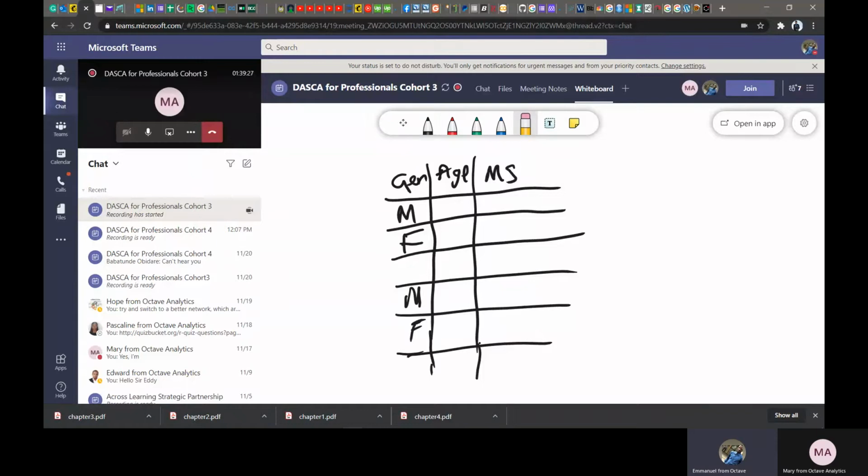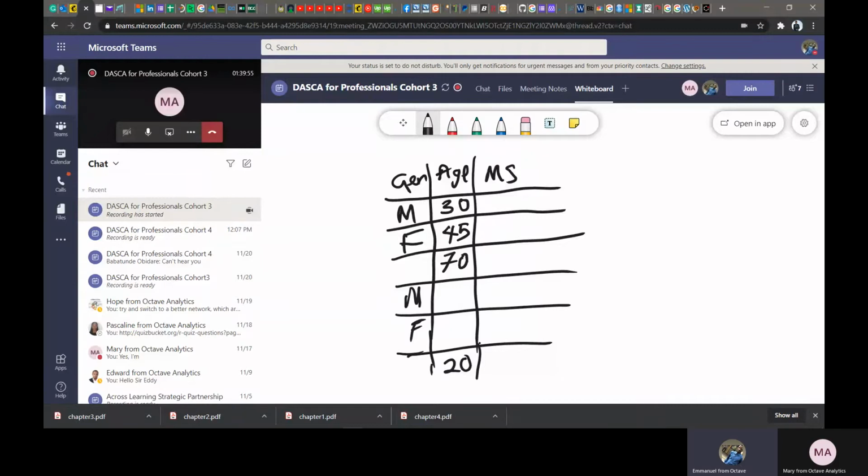There's a missing value in 2 of them. Now, the age of this person is 30. This is 45. This is 70. And this one is missing. This one is missing. This one is 20.